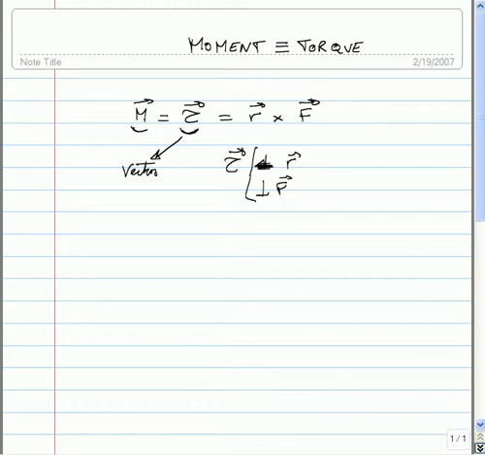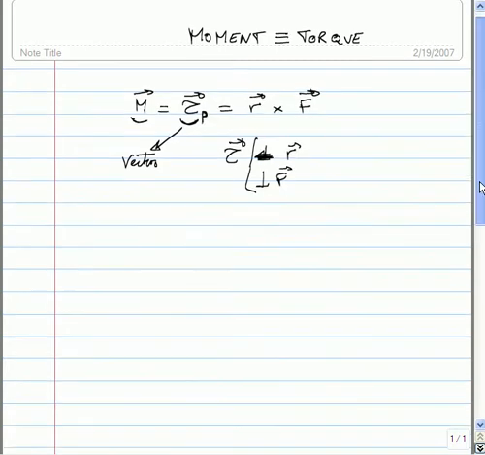Okay, now one of the most important things about torque is that it always depends on where you calculate it. Therefore, you always have to specify the point at which you calculate the torque.